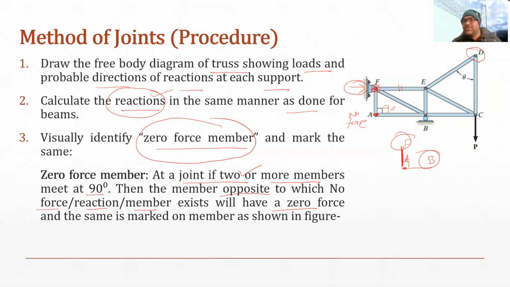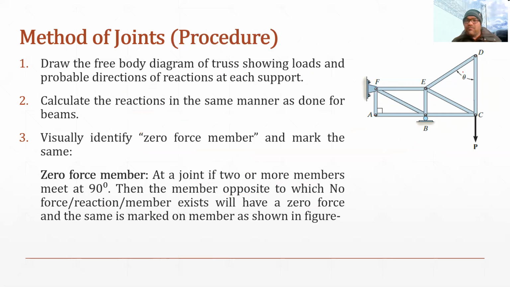Similarly, if we consider member CD, opposite to CD will be the upward side. Again, there is no force or member. So members ED and DC will also be zero force members. Ultimately, we can say that only these 5 members are actually carrying this load. The other 4 members, this one and this one, are just provided here for stability purposes only. They are not actually experiencing any force.